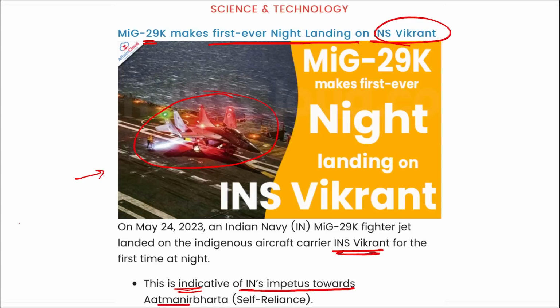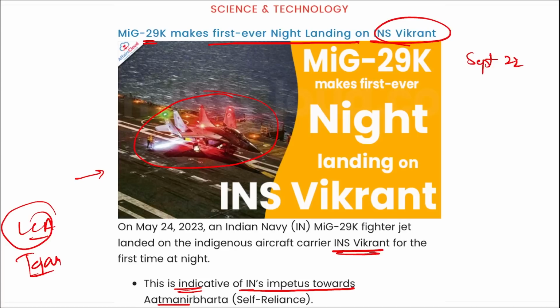A prototype of the naval version of the locally created LCA, Light Combat Aircraft Tejas, and MiG-29K of Russian origin both made day landings on the aircraft carrier in February 2023, and now recently MiG-29K made its first ever night landing on the INS Vikrant. INS Vikrant was commissioned in September 2022, and is currently sailing in the Arabian Sea.